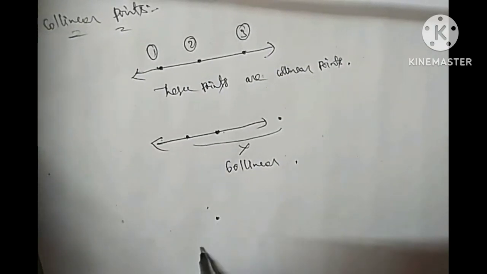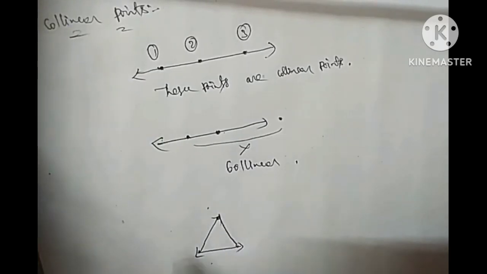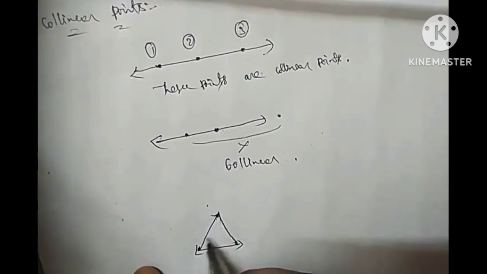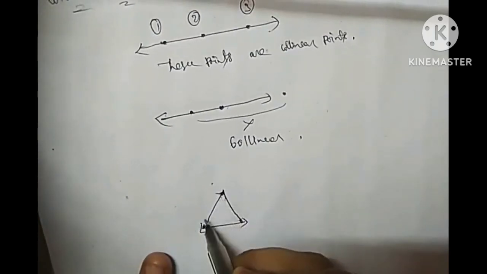For example, like this. These two points are on the same line, and these two points are on the same line. These two points we can call collinear because they lie on the same line.